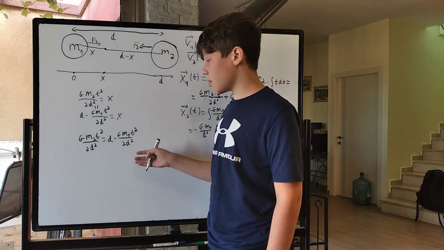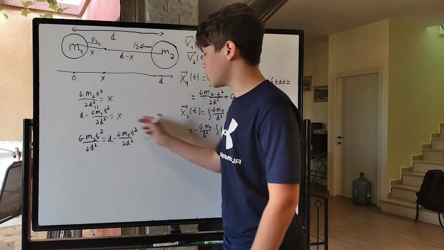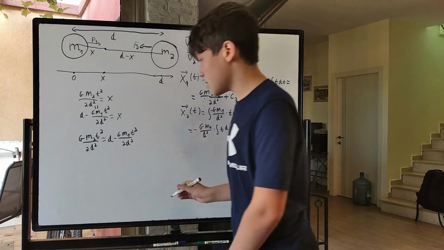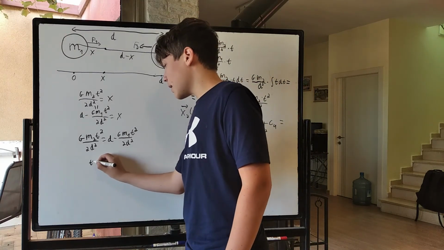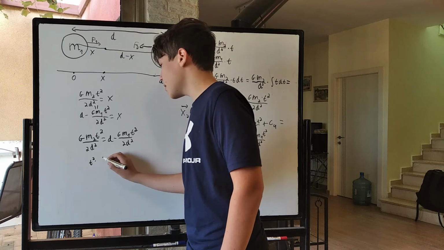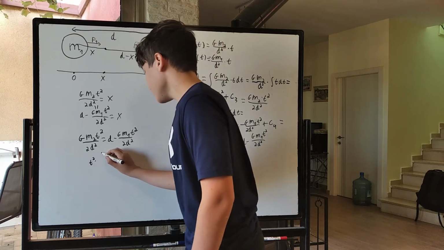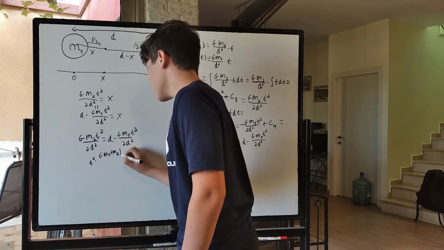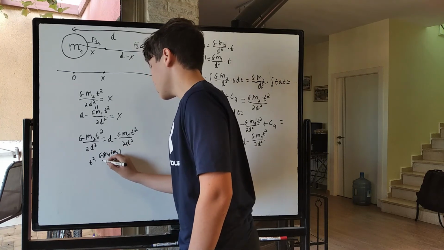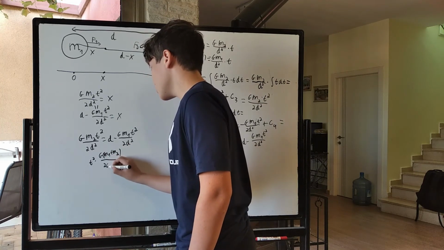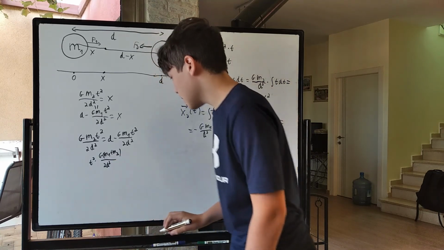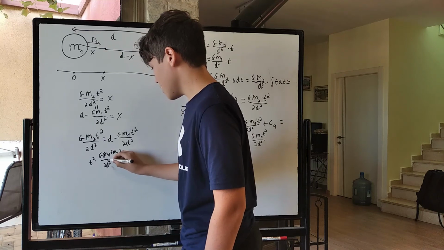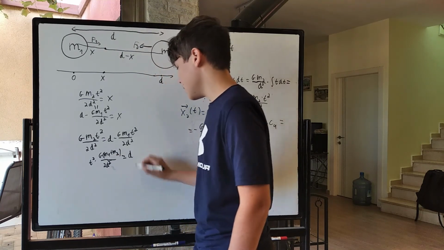It's simple algebra now. We'll just move this to the other side, so all the t's are on one side, and we get t squared times g(m1 plus m2) over 2d squared is equal to d.